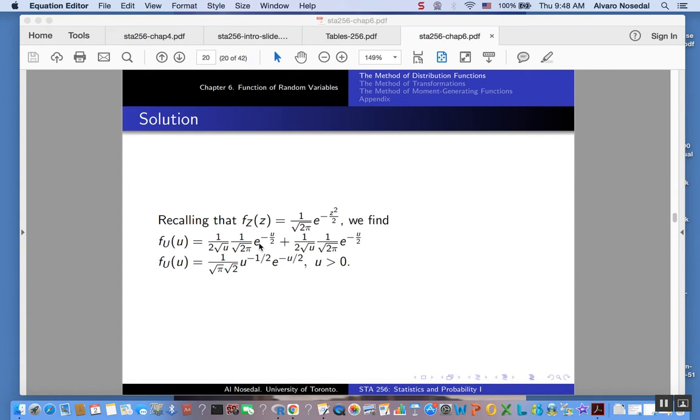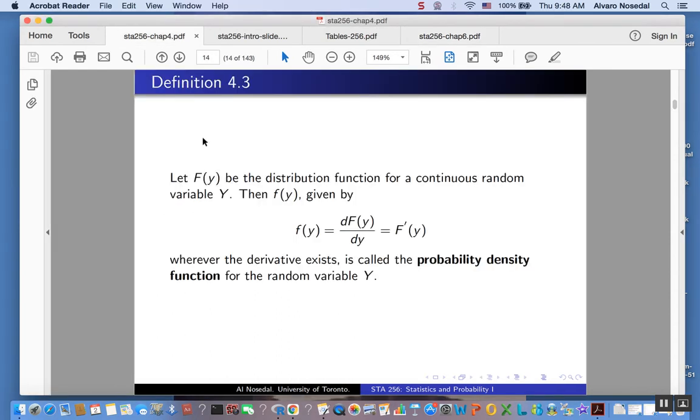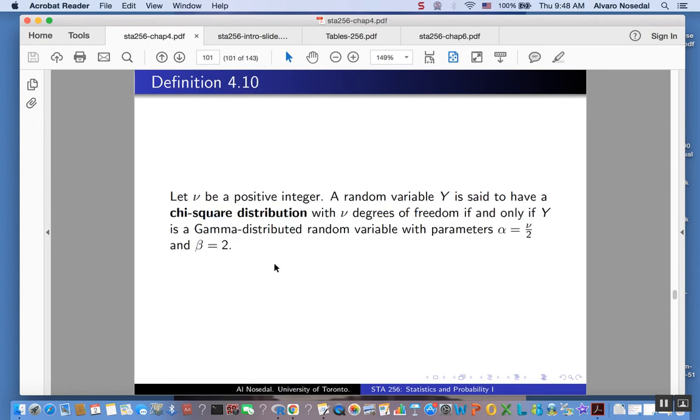Something else that I want you to remember from what we did back in chapter 4 is the definition of a chi-square distribution. So a chi-square is a particular case of a gamma, okay?